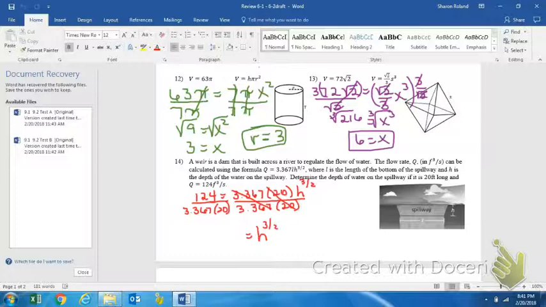So this equals, the height is 1.841. I'm carrying it to 3 decimal places because that's what they did. And I'm going to take each of these to the exponent 2 over 3.